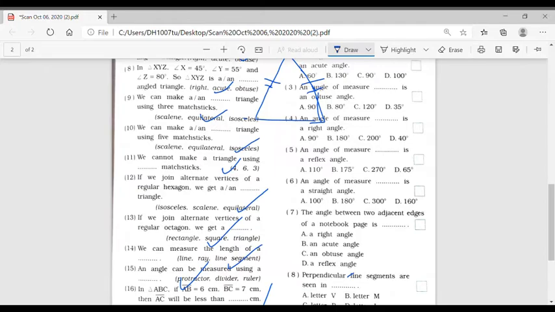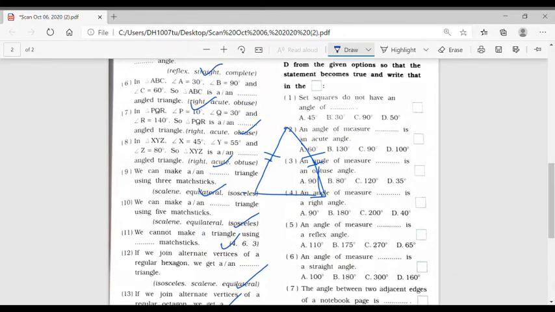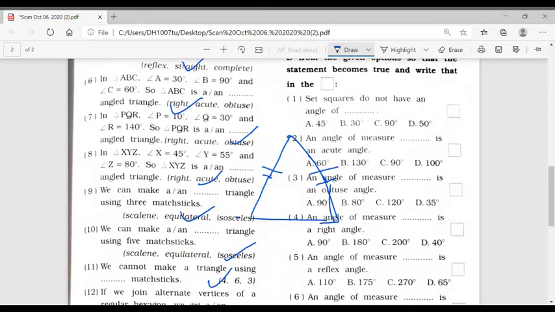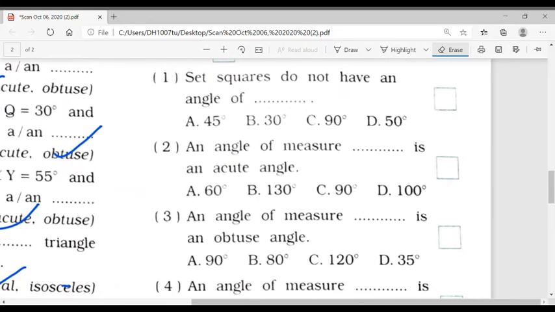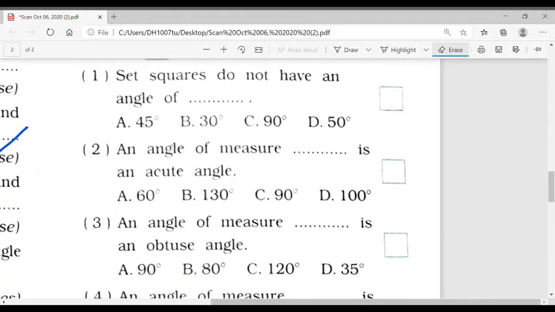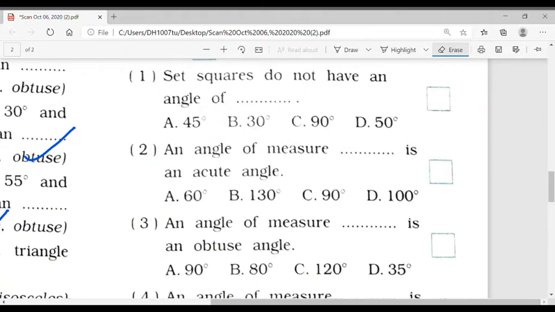Here that question also includes all the MCQ part, you have to tick mark the correct option. Now first question here, question number 1. A set square does not have an angle of dash.